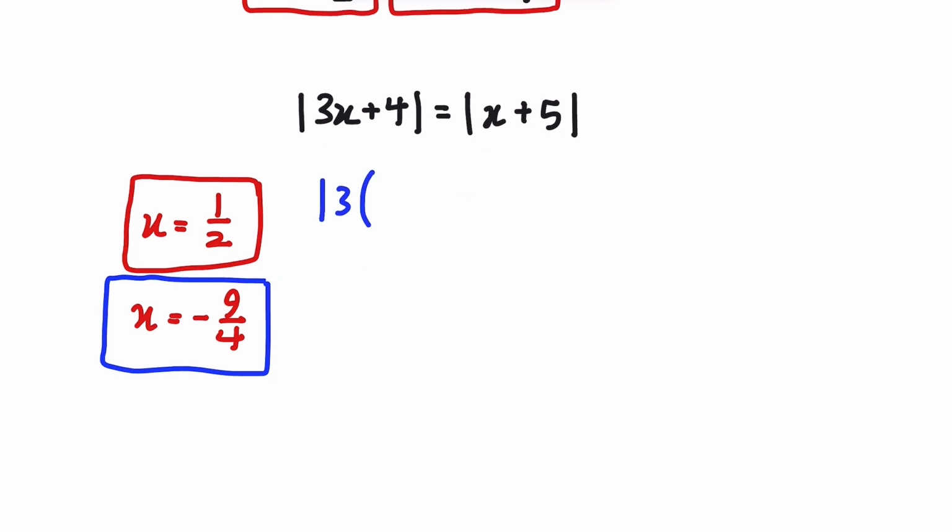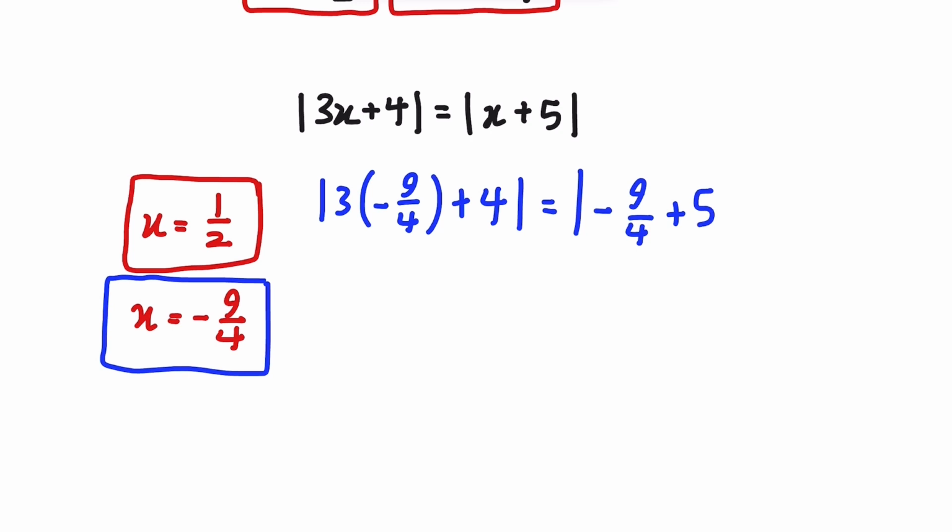So modulus of 3 times -9/4 plus 4 equals modulus of -9/4 plus 5. So 3 multiplied by -9/4, we will get -6.75 plus 4 equals, and -9/4 plus 5 is 2.75.